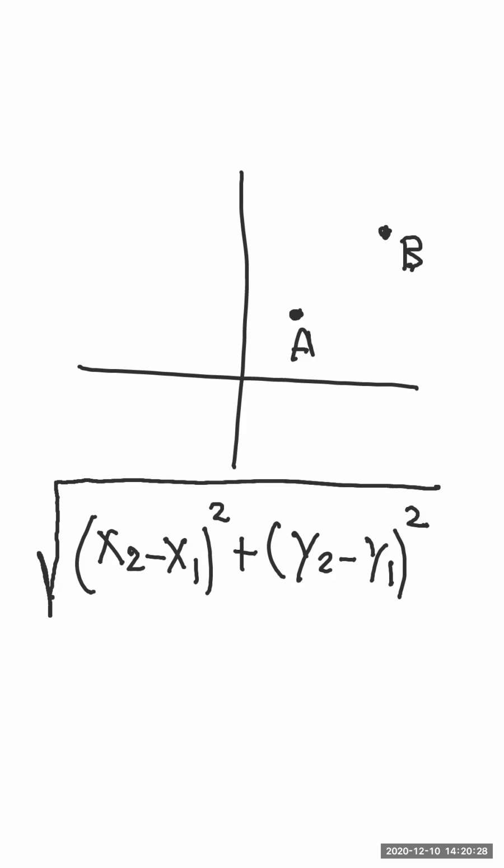What's x2 and x1 and y2 and y1? Actually, these are the coordinates of the points. For example, if this point A has coordinates 2 and 3, and this point B has coordinates 5 and 6, then the distance between them is the square root of x2 minus x1 squared plus y2 minus y1 squared.